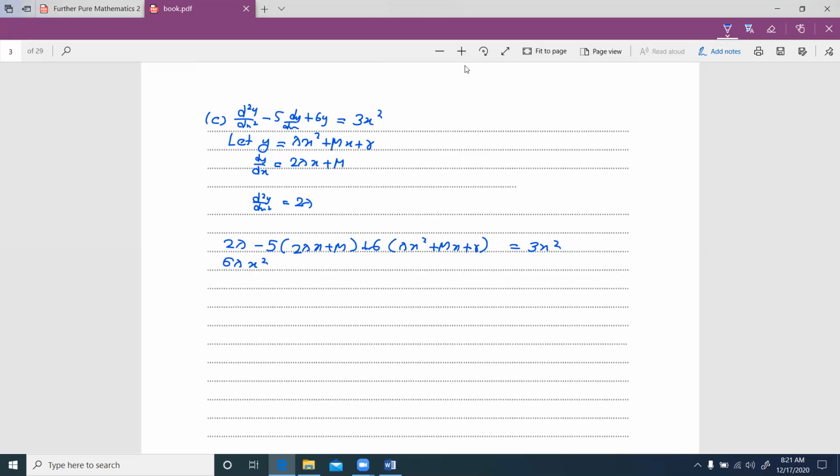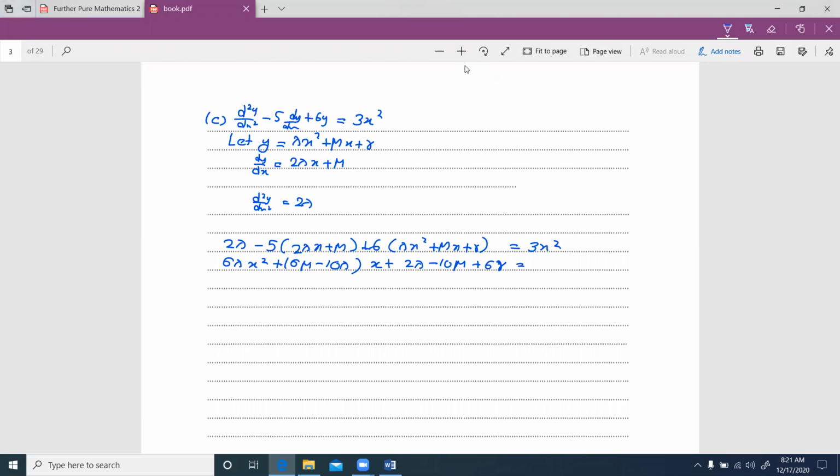The x terms are 6 mu x from here, minus 10 lambda x. Then you get the constant terms. The constant terms are 2 lambda over here, minus 5 mu, minus 5 mu, and the other one is 6 gamma.